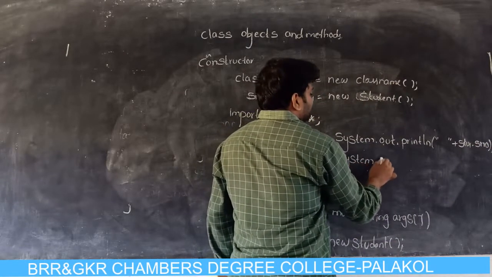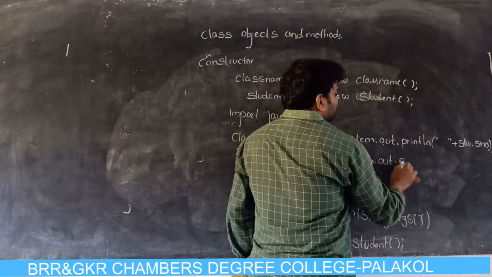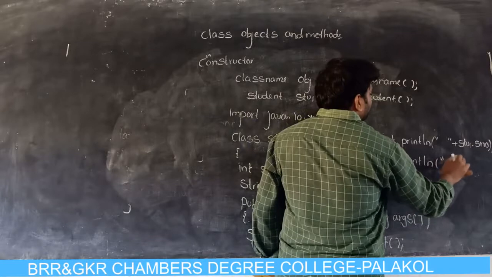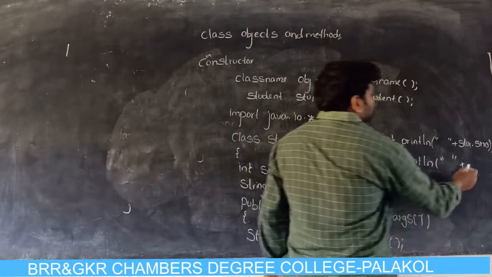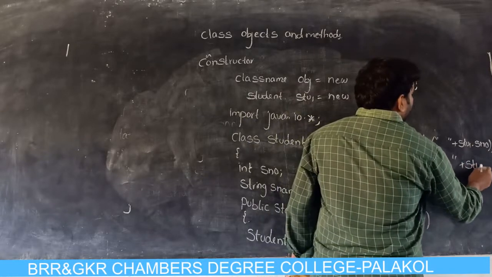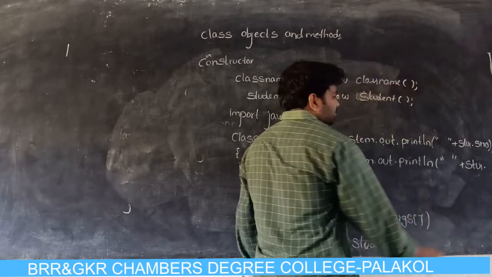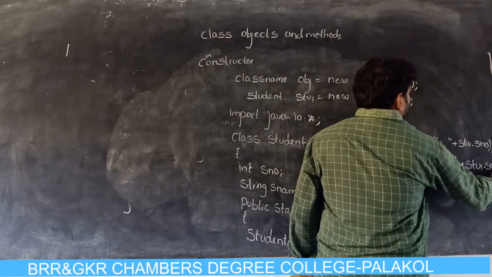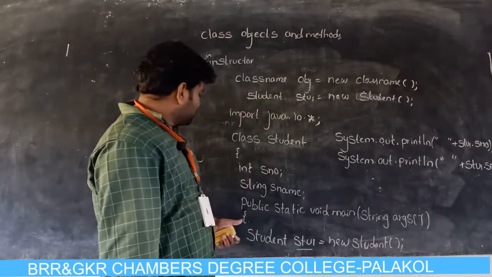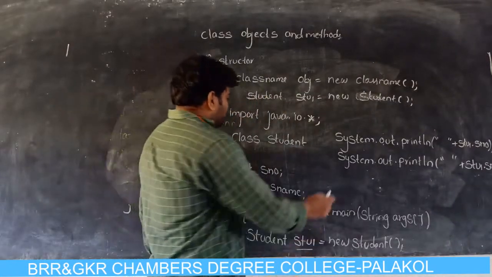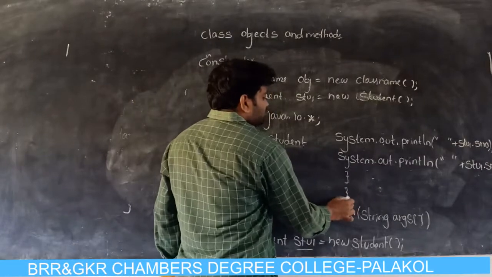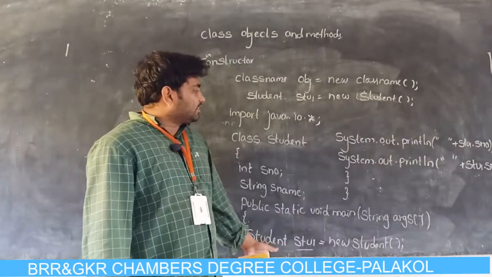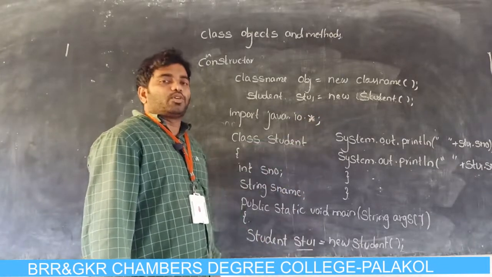System.out.println plus stu1 dot s name. Okay, the main method is closed, after that the class is closed. This is a small program designed using a constructor.